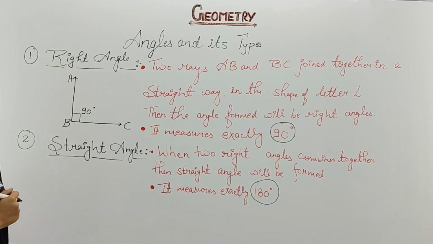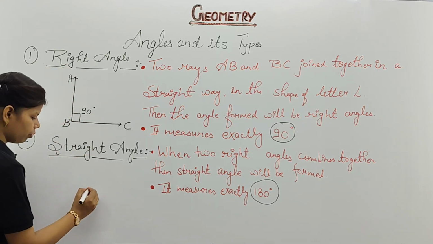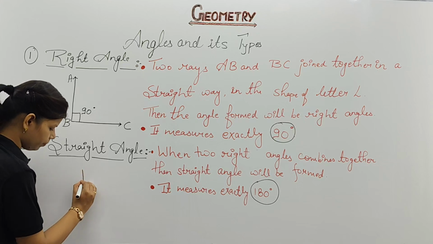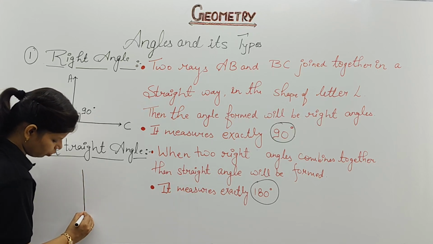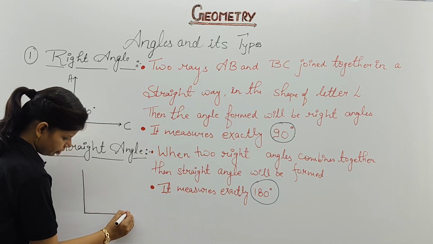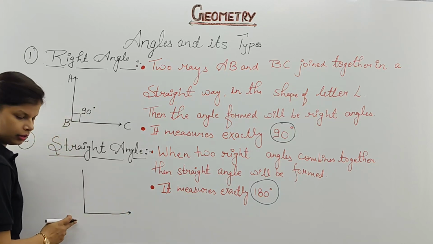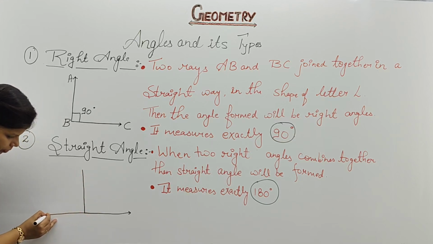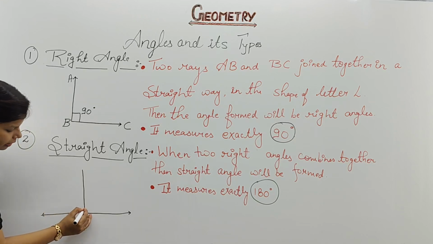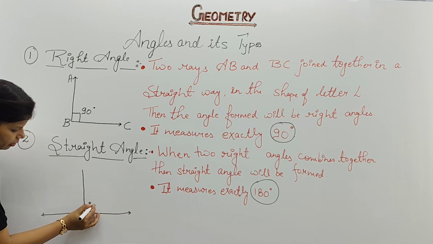If you are going to draw the figure of this one, how will you draw? Suppose this is your figure. You know already this is your one right angle. Here I have marked. If I draw another line parallel to this one, and I extend it to that side, this side of your angle is what? 90 degree.